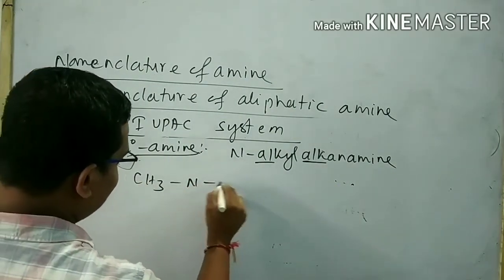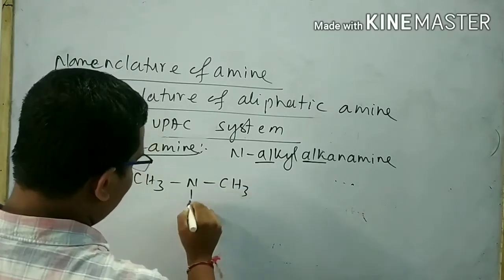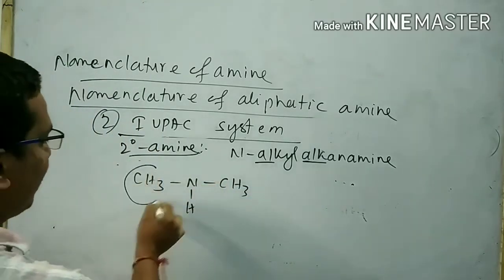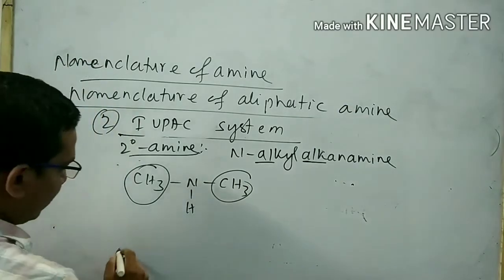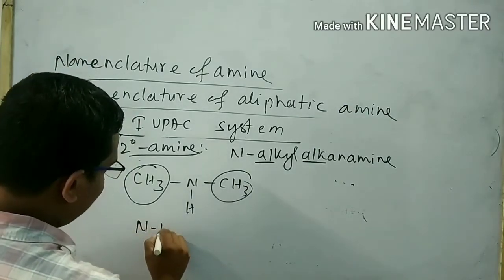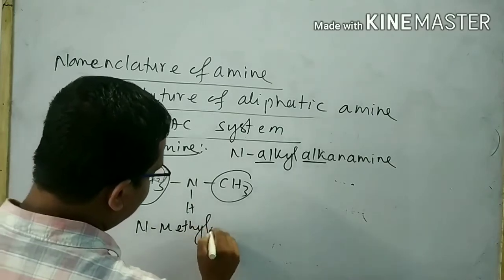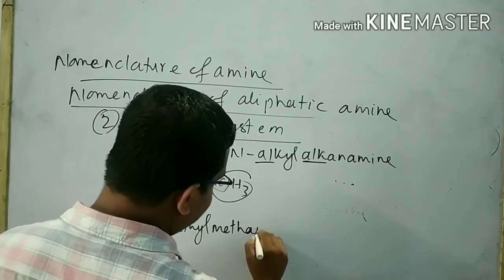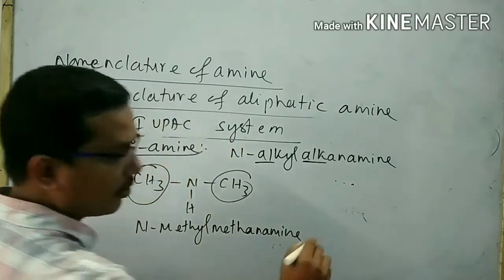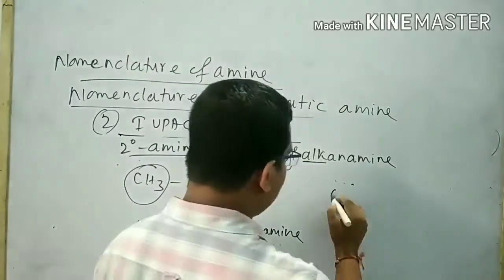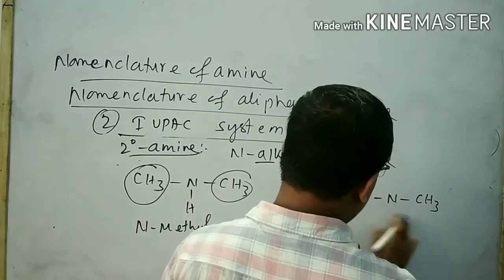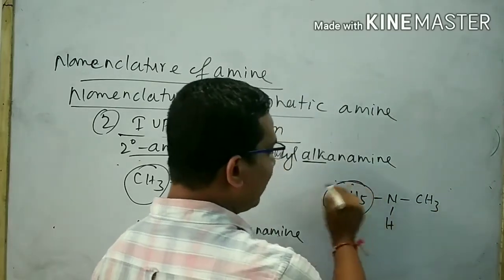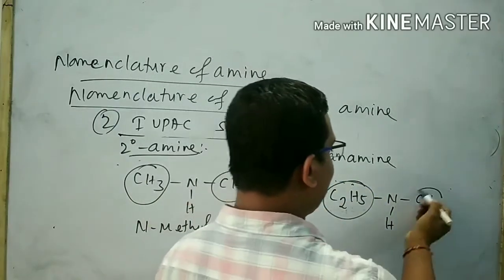Take example CH3 bonded to N, CH3 bonded to H. Here the two alkyl groups are same. So the name of this compound is said to be N-methyl methanamine. Suppose take another example, C2H5 bonded to N, bonded to CH3. Here the ethyl group is greater than methyl group.